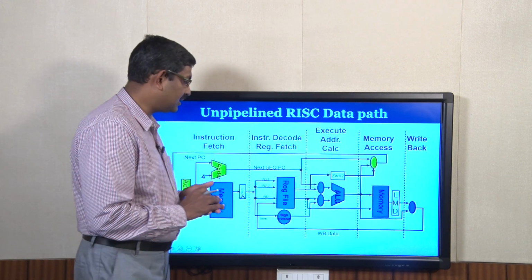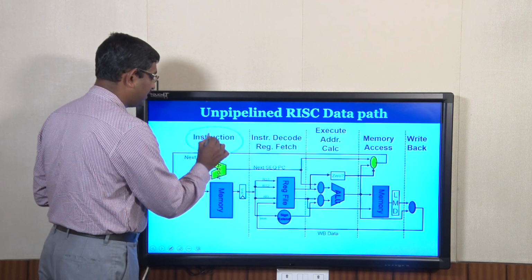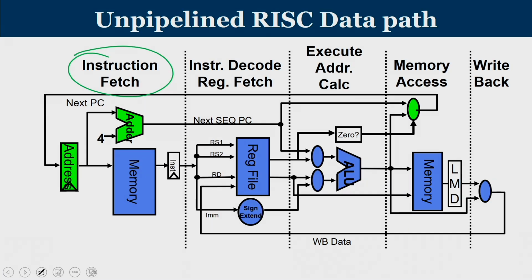This is roughly what you can see from this diagram. There exist some units which will take care of the instruction fetching operation, and then we have the instruction decode and the register fetch operation. Then it is execute or address calculation, followed by memory access, and then at the end it is the write back.